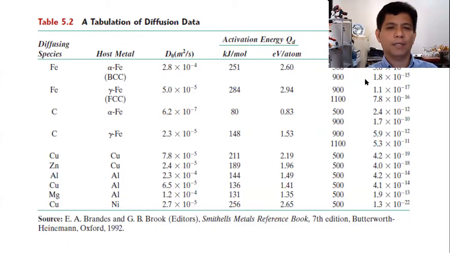May sample values lang tayo. Specific temperature, ito yung diffusivity. So just use the Boltzmann equation to calculate the actual diffusivity at the specific temperature. Mag-refer na lang kayo dito pag merong problem na hinahanap yung diffusivity, tapos hindi given yung pre-exponential factor pati yung activation energy.